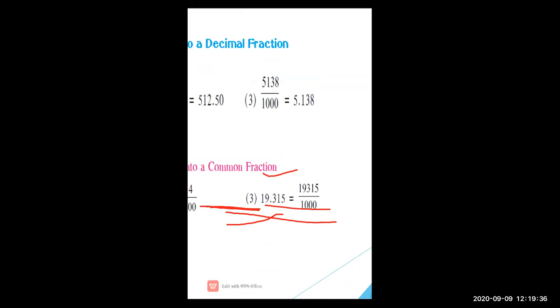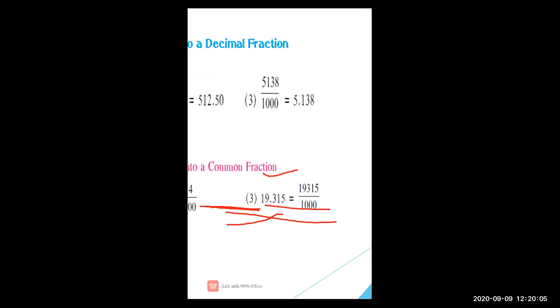So the main answer which we have written is 19315 upon 1000. So you have seen that a common fraction is converted into a decimal fraction and a decimal fraction is converted into a common fraction. Both questions they will give and ask you to solve, to convert into a decimal or a common fraction.